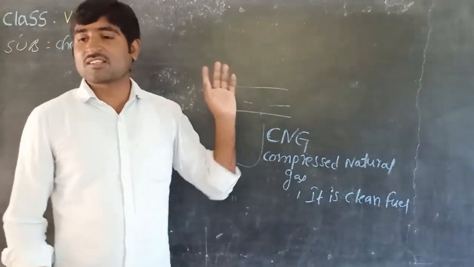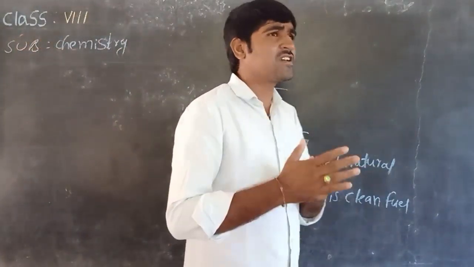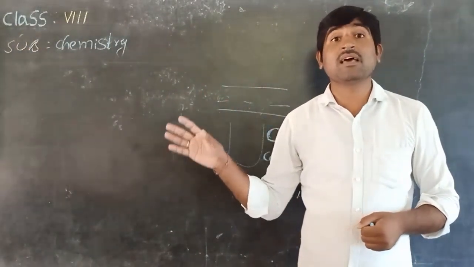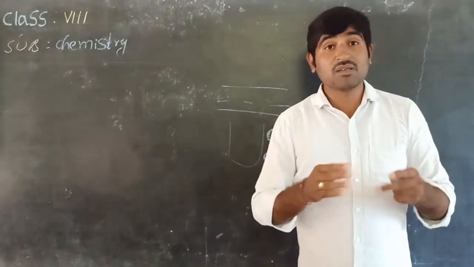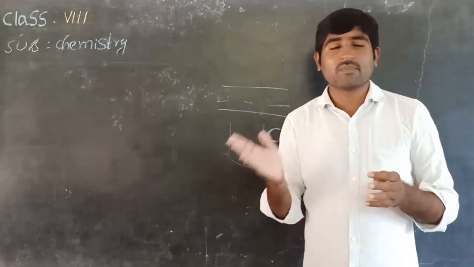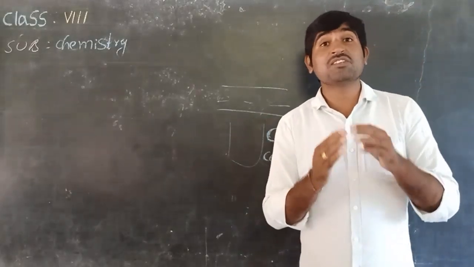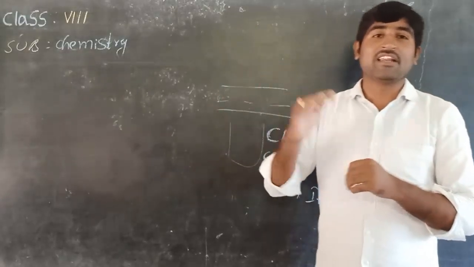Okay, children, we will discuss how some natural resources are limited. Up to now, we discussed exhaustible natural resources. Exhaustible means they are going to be used up. But we are using more and more natural resources day by day, year by year. The population is growing, which means the use of exhaustible natural resources is also increasing.